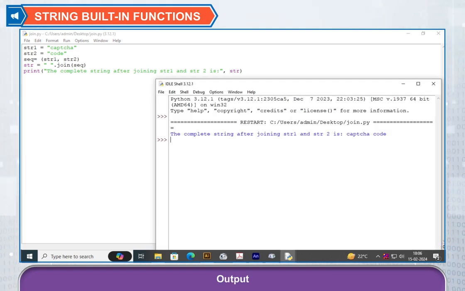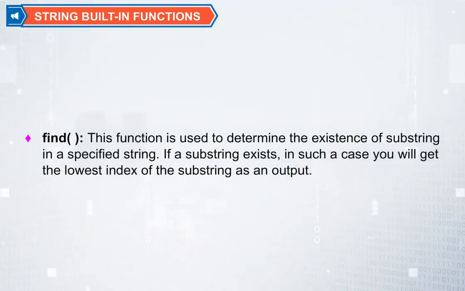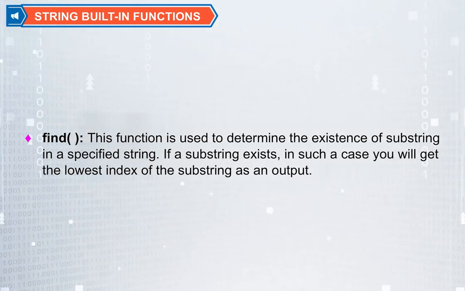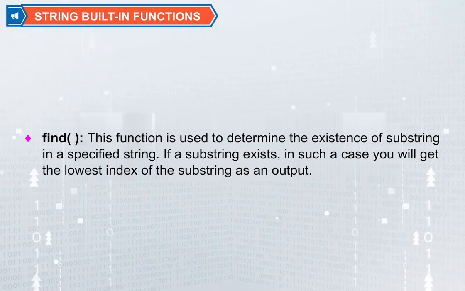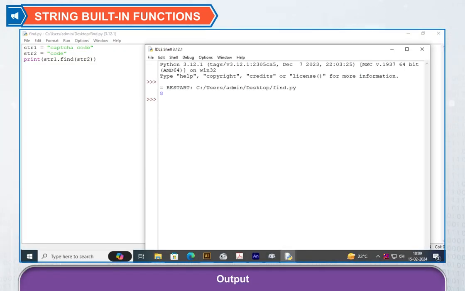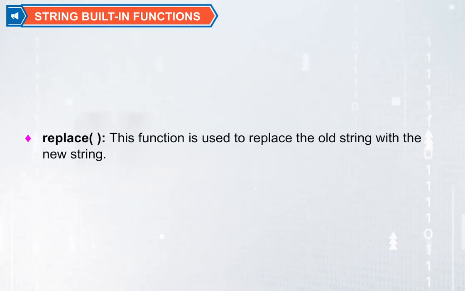Program. Output. Find. This function is used to determine the existence of a substring in a specified string. If a substring exists, you will get the lowest index of the substring as an output. Program. Output. Replace.